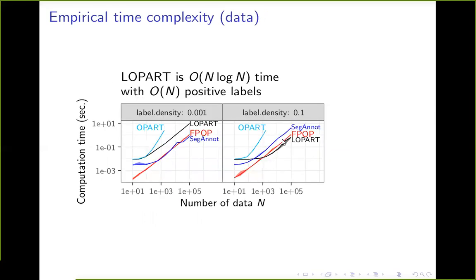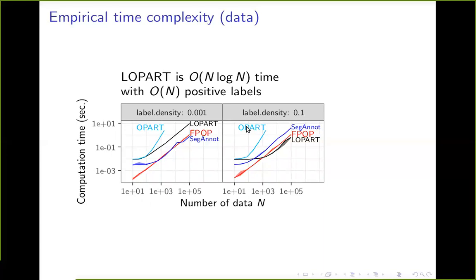The other time analysis that we did is we looked at computation time as a function of the number of data points. We can see that the previous OPART baseline in blue is quadratic time, so it's got this bigger slope on this log-log plot. In contrast, in both of these experiments we're having a constant label density.